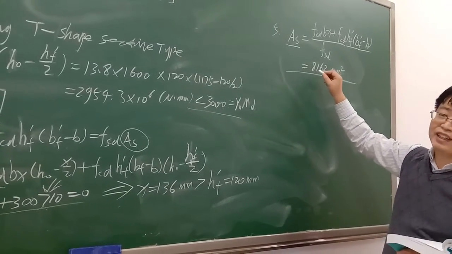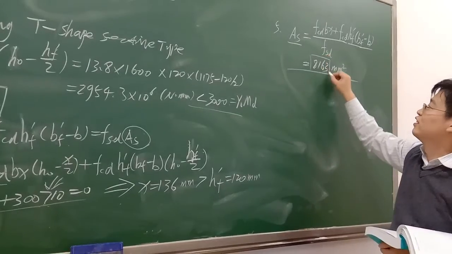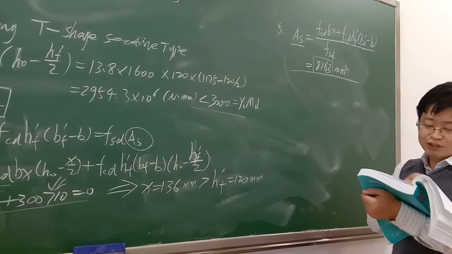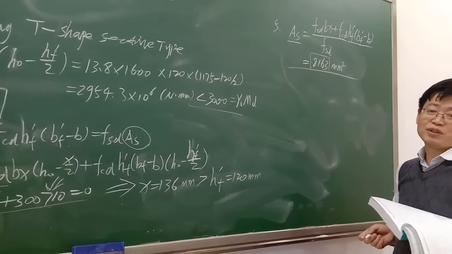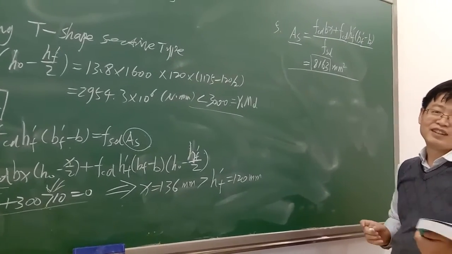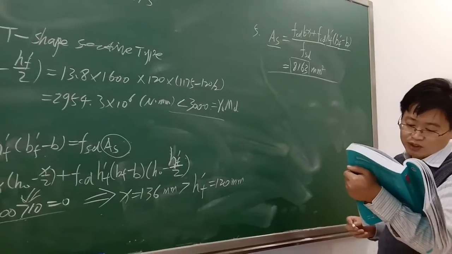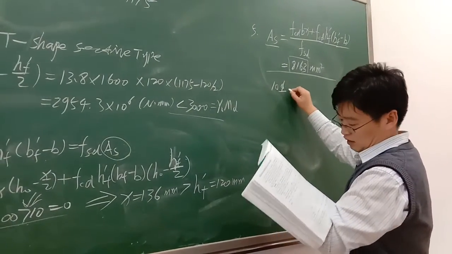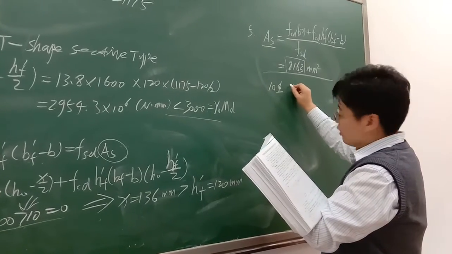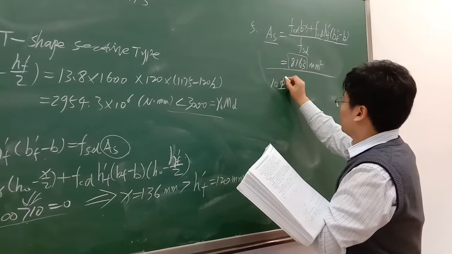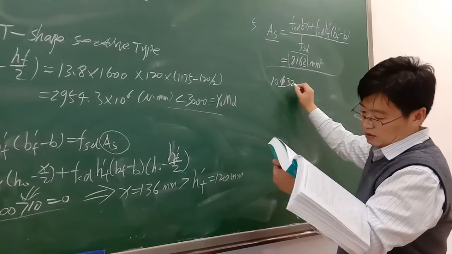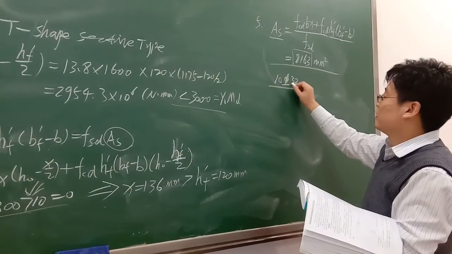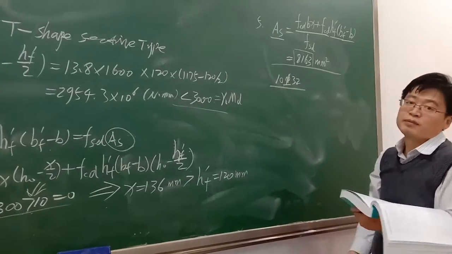If you design, what's your choice? You can make a choice, maybe different from this book's example. In this book, we use 10 bars of 32, so the diameter is 32 and the number is 10.